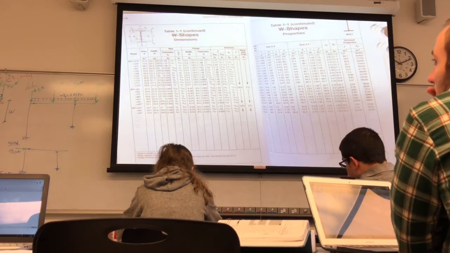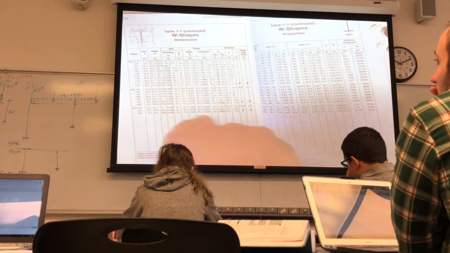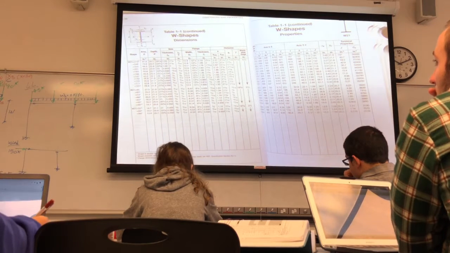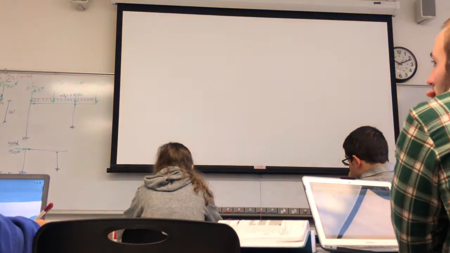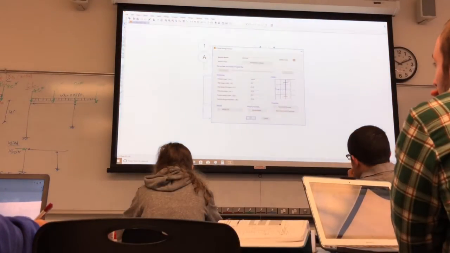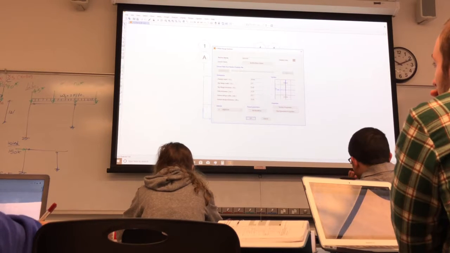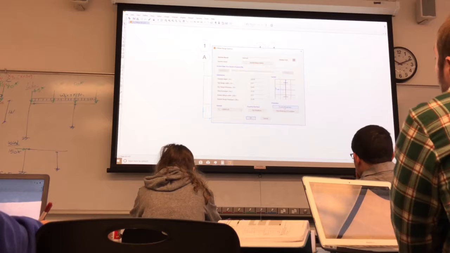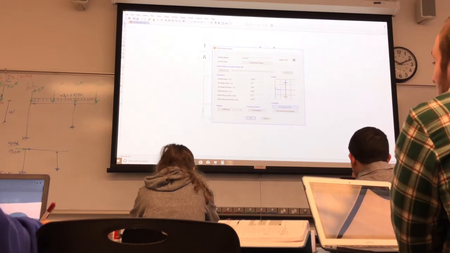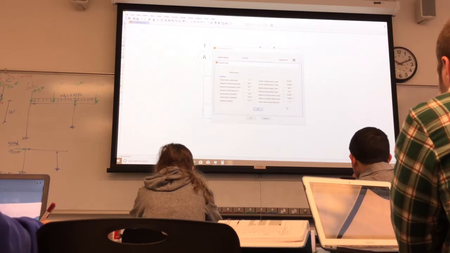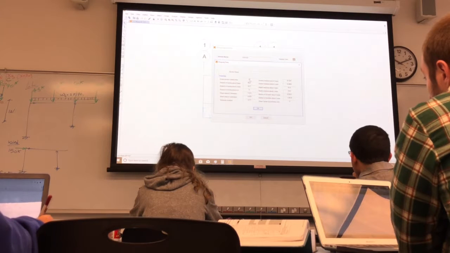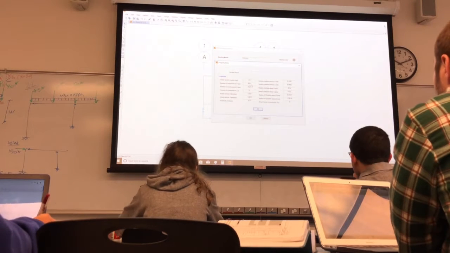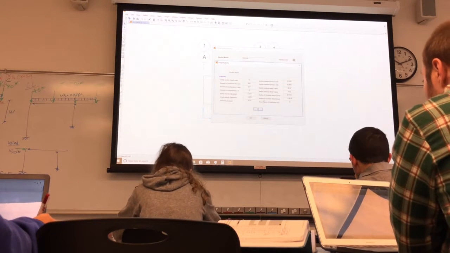So it's the right numbers, right? Same thing as you see in the manual. So you don't have to input that. It gives you the dimensions, the thickness of the flange, thickness of the web, and so on. And also you can see section properties. If you click here at section properties, it will give you the area and cross section, the moment of inertia. It will give you all the information you need.